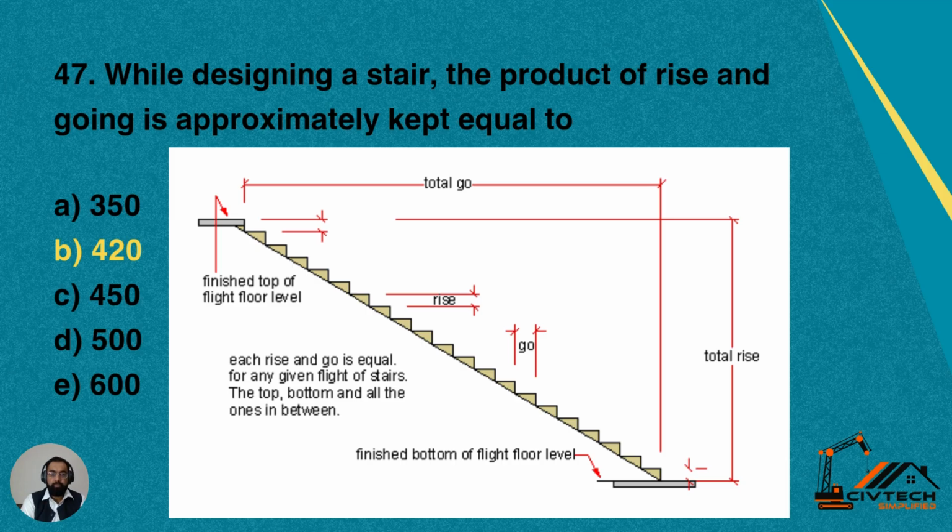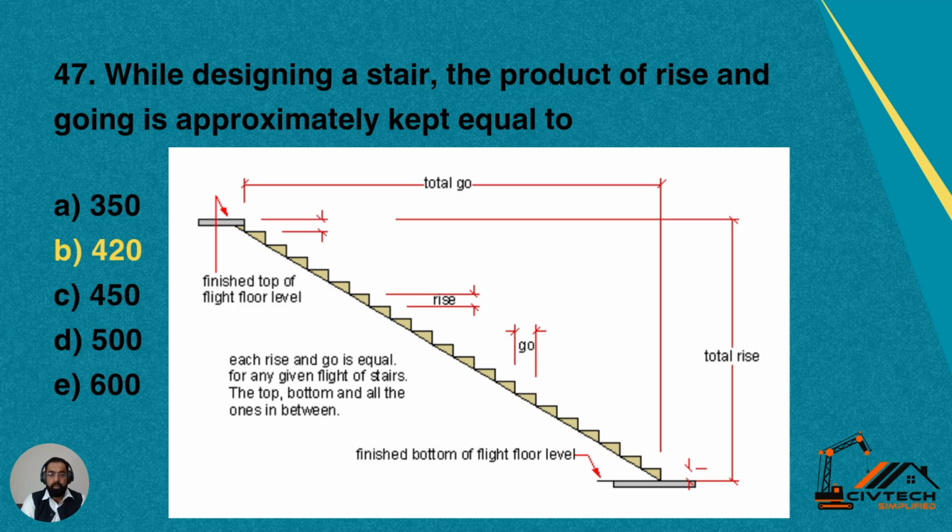So question number 47. While designing a stair, the product of rise and going is approximately kept equal to number A, 350, 420, 450, 500, or 600. Yes, it is 420. The product of a rise, total rise from ground to the top of the floor, like from one floor to the other floor.